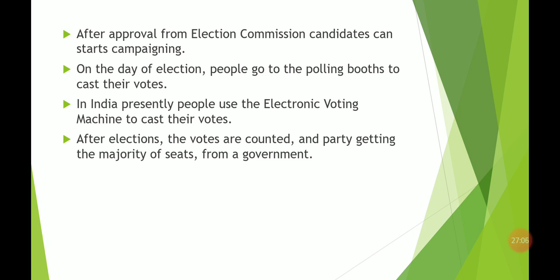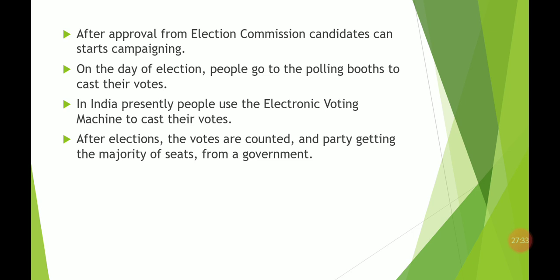Promoting himself or promoting the party. For that purpose they use several means of communication like radio, TV, internet, newspaper, pamphlets, moving door to door. They do this for the promotion of their party as well as themselves.